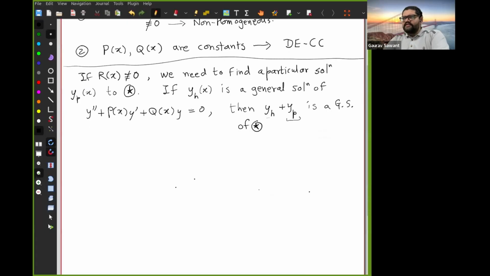So at the moment, let me assume that p(x) and q(x) are still constants. We will later on mention how to deal with non-constant p.